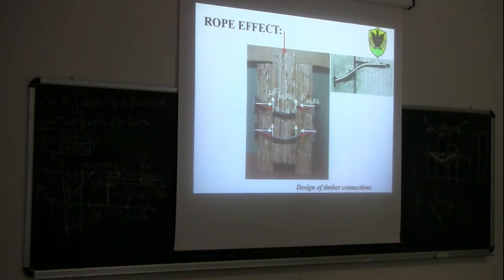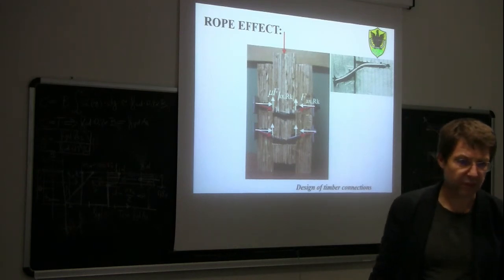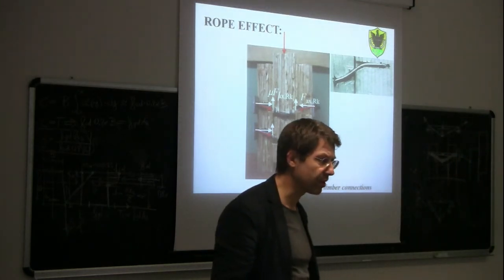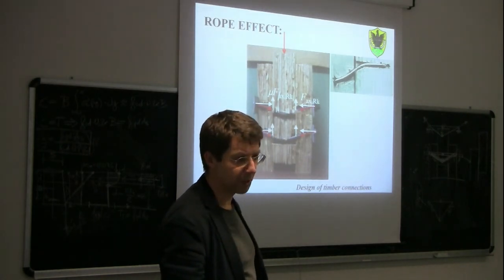So if we replace the nail with a screw, for sure we will have a higher rope effect. If we have a smooth dowel, like here, without the heads, do we have any rope effect? With the dowel, without the washers? Minimum. Hardly anything, I would say.